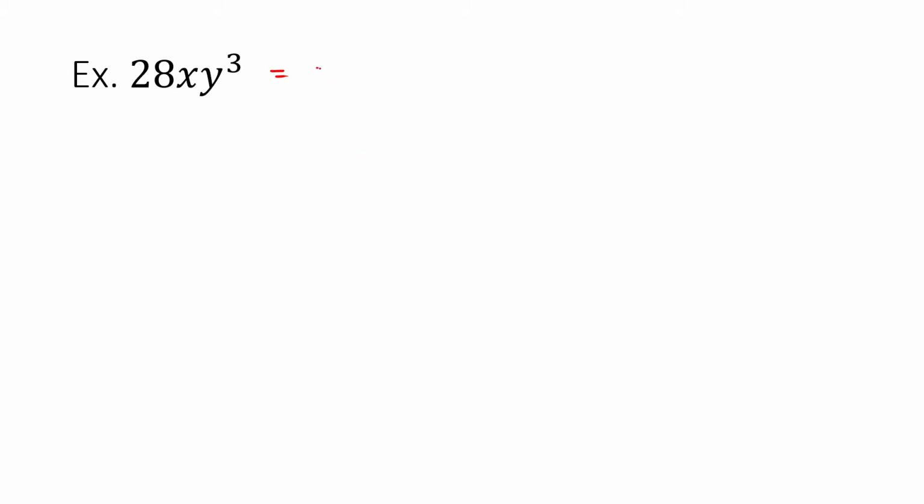This is 2 times 2 times 7. Now moving on to the next variable, x. We leave it as is. Next variable, y to the third. We change y to the third as y times y times y.